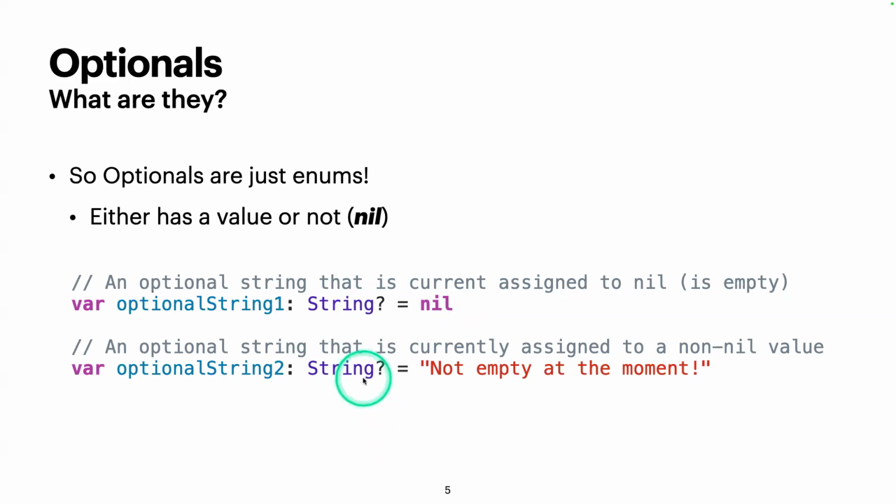The second example is still valid. This is optionalString2. It's an optional string, but it's assigned to some value, in this case, this string. So to declare an optional, we simply use the question mark after its type.